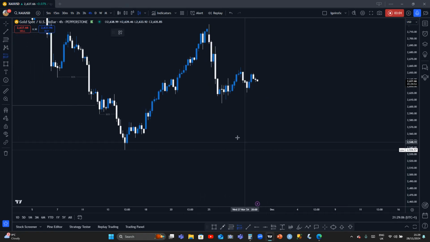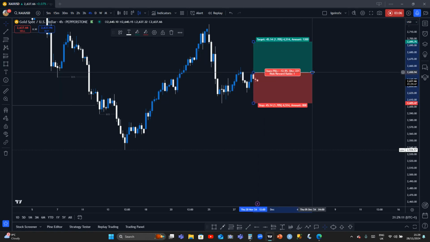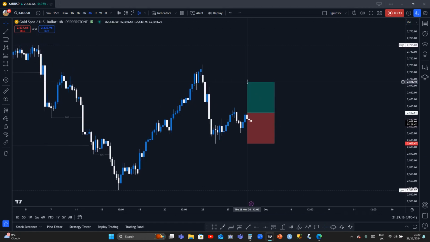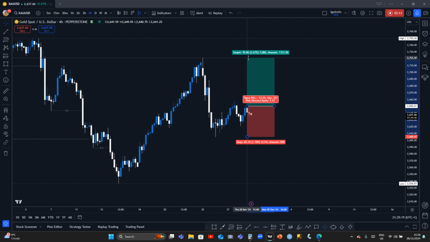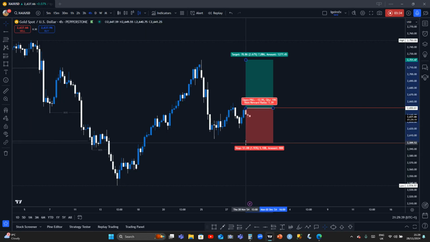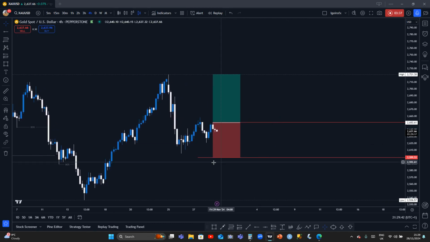Let's say, for example, you want to enter from here. Now, how do you know the lot size that you are going to use? You can see between here, your entry point, and this is where you should place your stop loss below the structure, right? Now, what will determine your lot size?